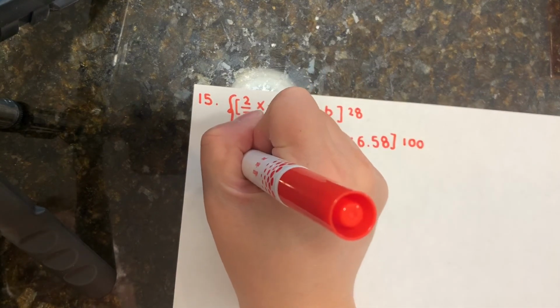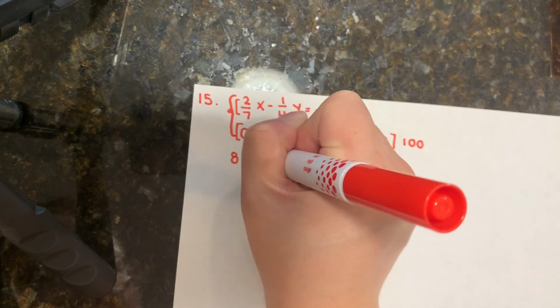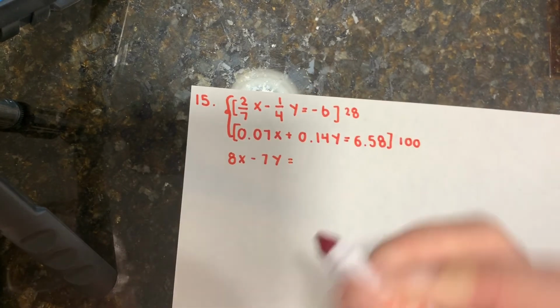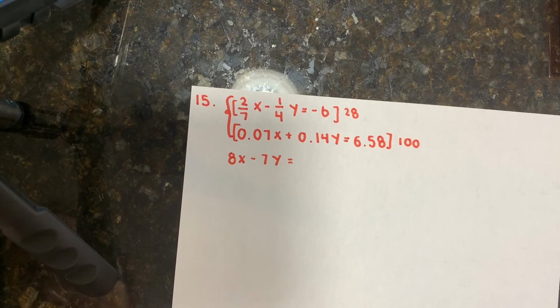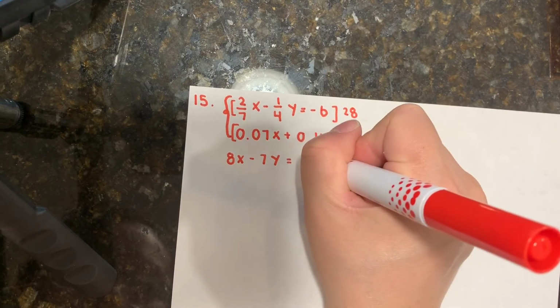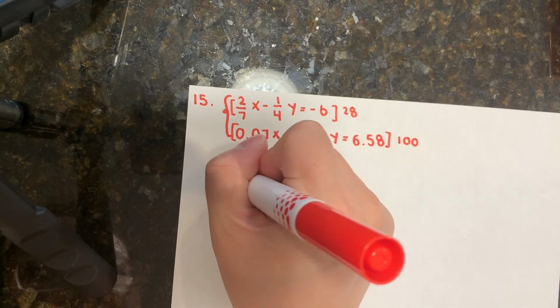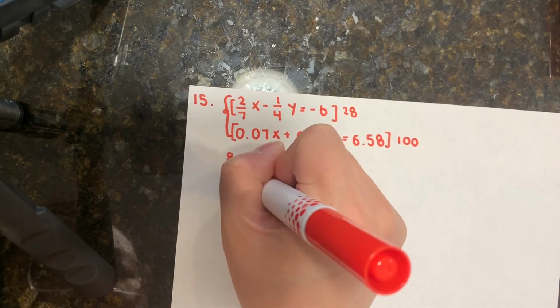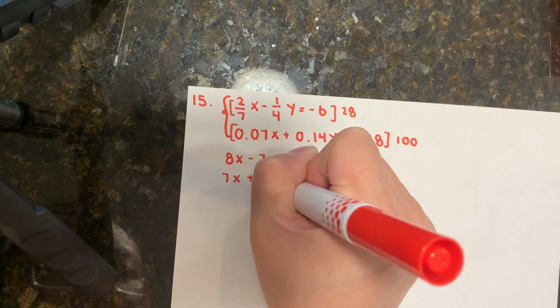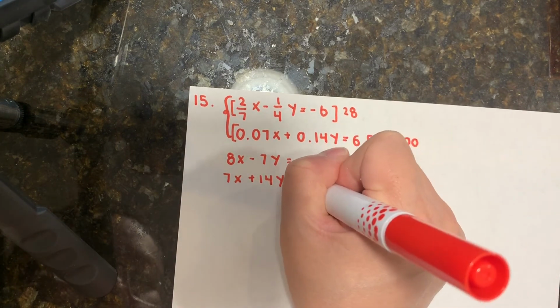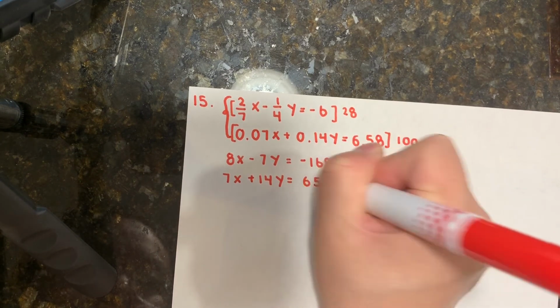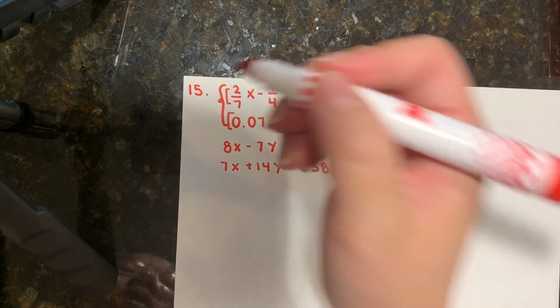So that would be 8x minus 7y equals 6 times 28, which would be -168. The bottom equation would turn into 7x plus 14y is equal to 658. So what I'm going to do is just do elimination.